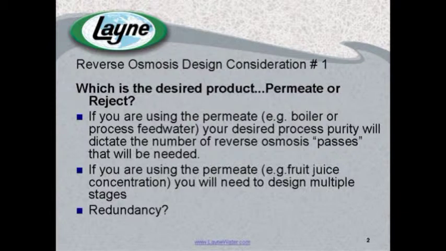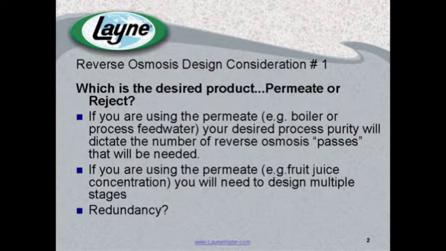And making equipment for that type of application is going to be substantially different than your more traditional reverse osmosis system where you're simply purifying water for a process stream. So you'll really need to step back and ask, what am I trying to accomplish with this reverse osmosis system? That is your very first design consideration.